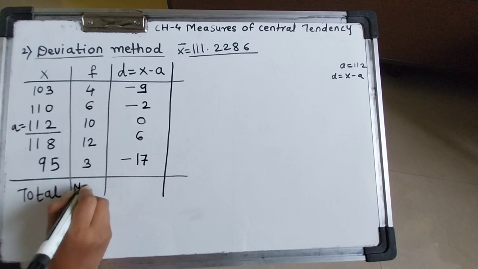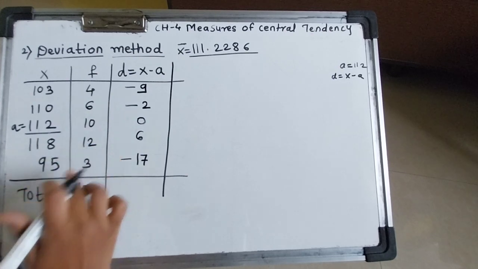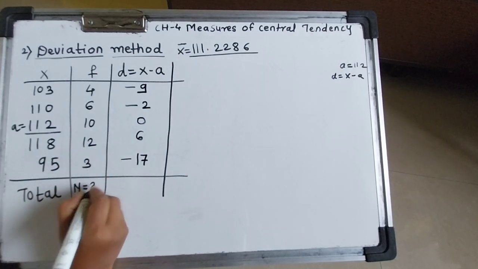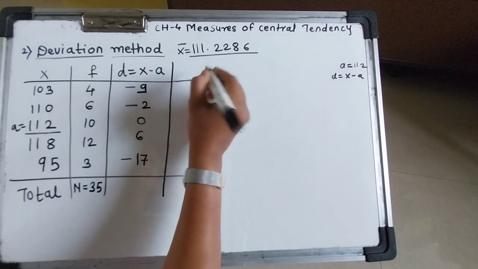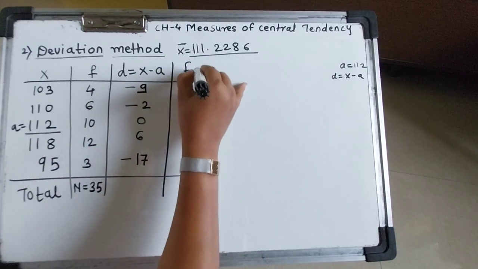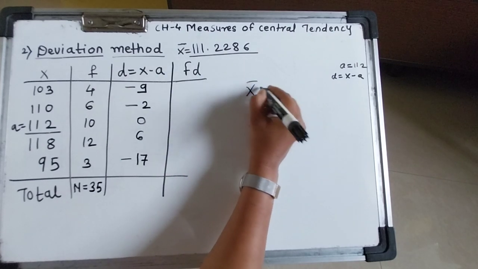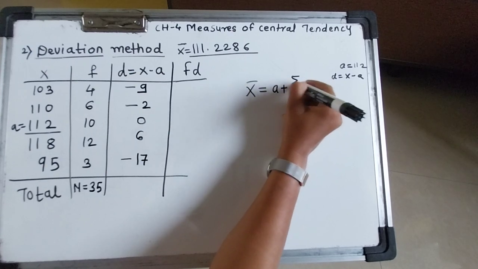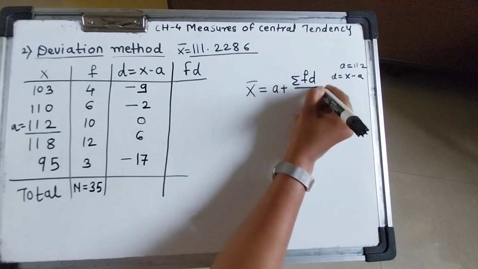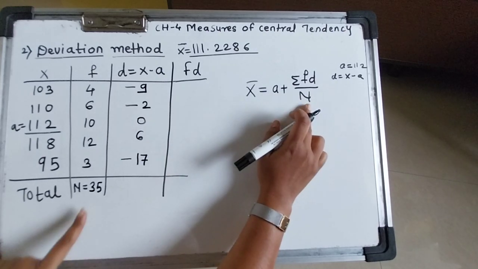Capital N is the total of frequency. 4 plus 6 plus 10 plus 12 plus 3 is 35. Now find out FD. The formula for the deviation method is A plus summation FD upon capital N. A is 112, capital N is 35.